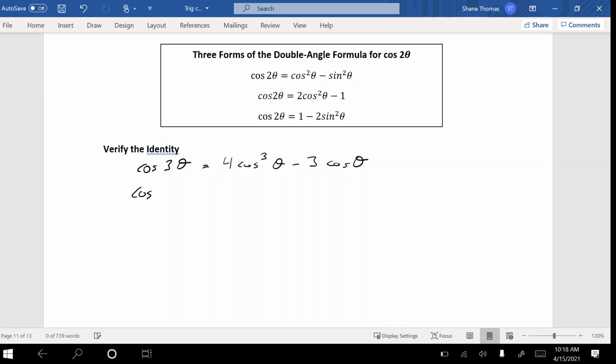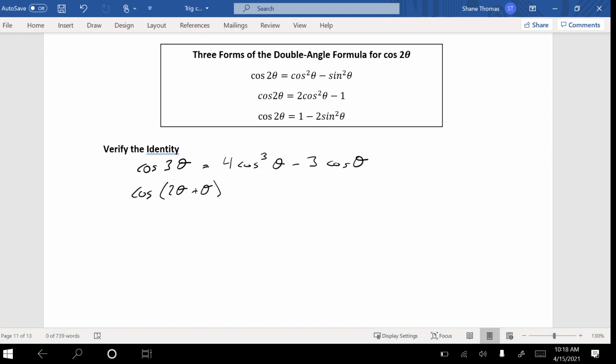Let's go cosine of 2 theta plus theta. Now, don't we have the sum formulas that we did yesterday or 2 days ago? Oh yeah, oh yeah. So the sum of cosine is cosine of the first, cosine of the second, plus sine of the first, sine of the second.